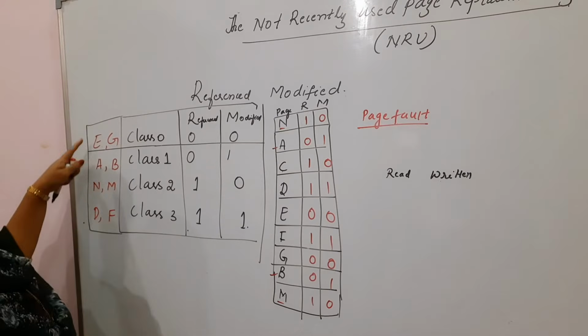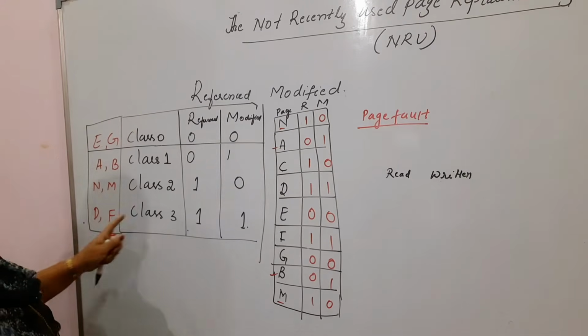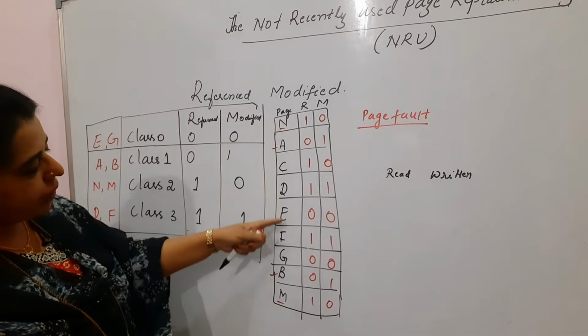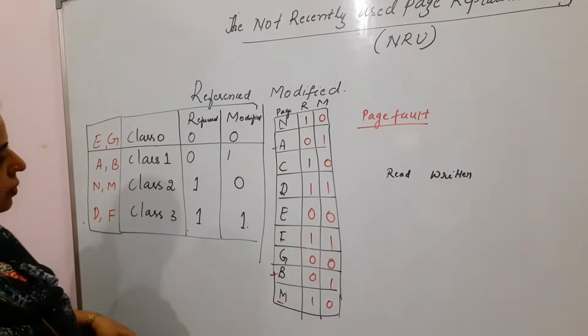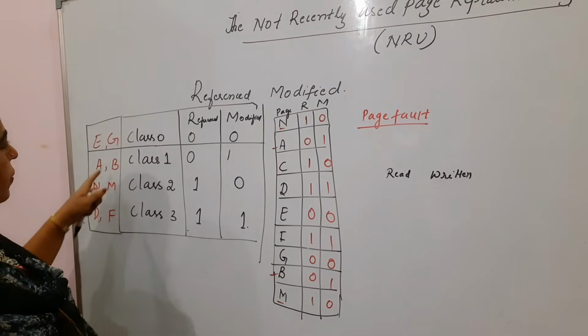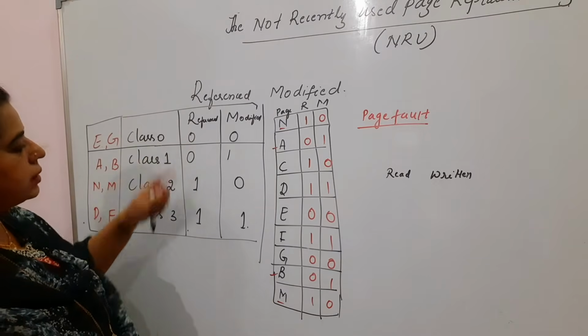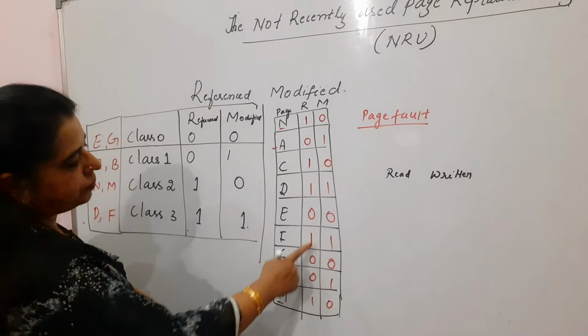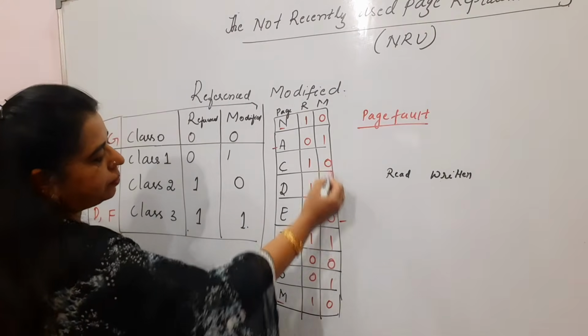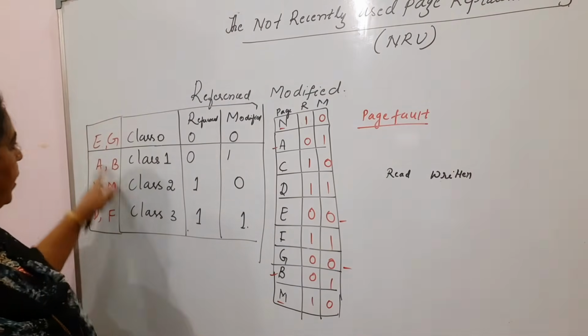Hope I have covered all the pages now. There are 8 here and 9 here, so one page is missed out. Let us recheck once. Class 0 will have 0, 0, so E and G are covered.